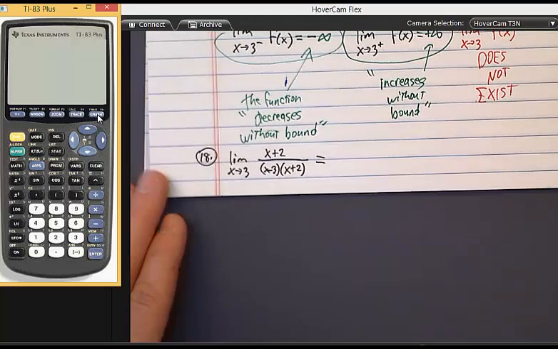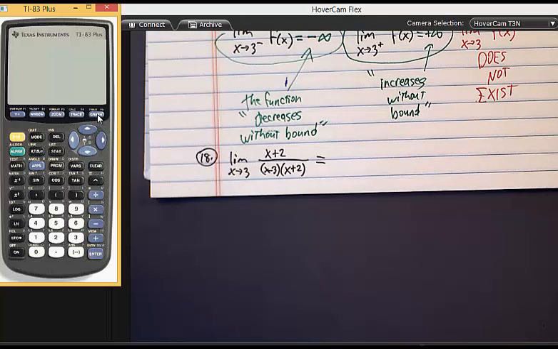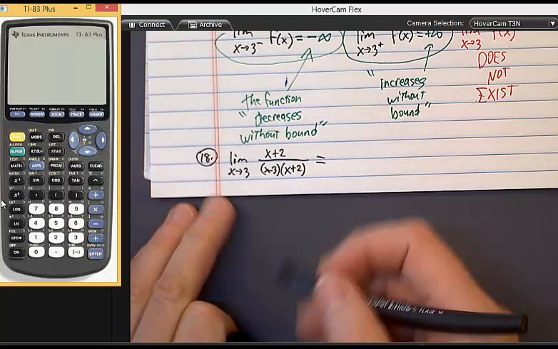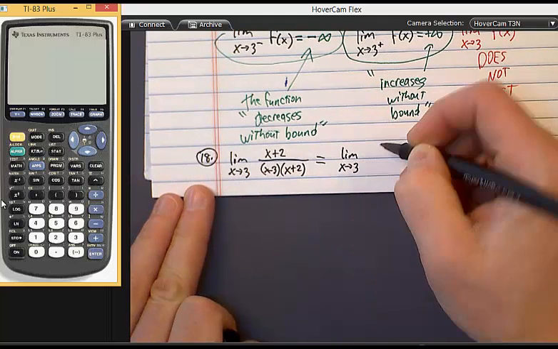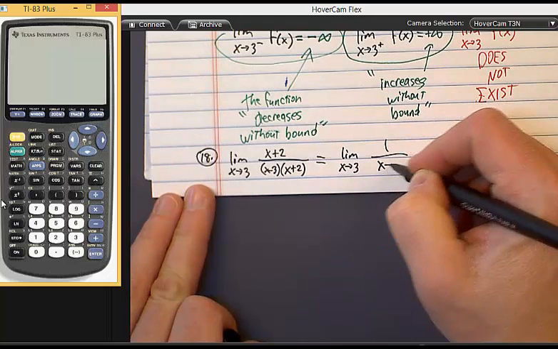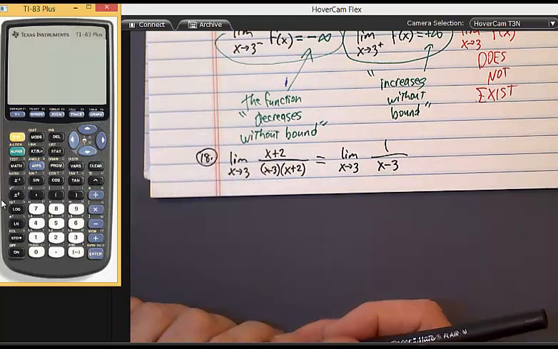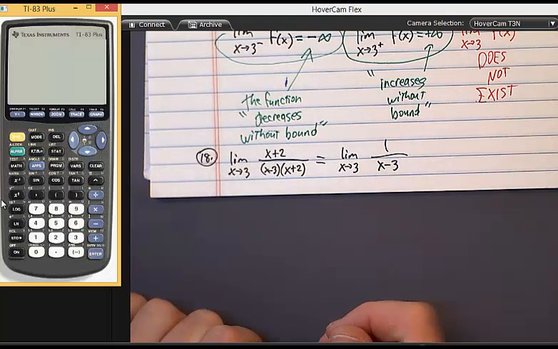Basically, if I cancel, then this is the limit as x approaches 3 of 1 over x minus 3, right? You can see we have trouble, right?